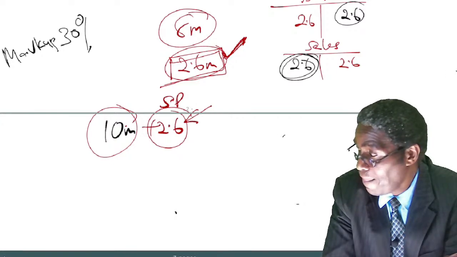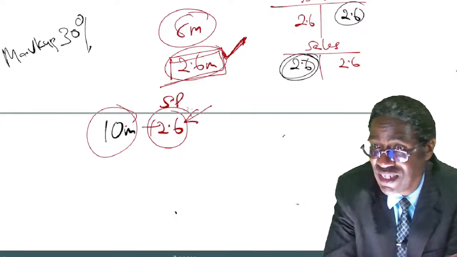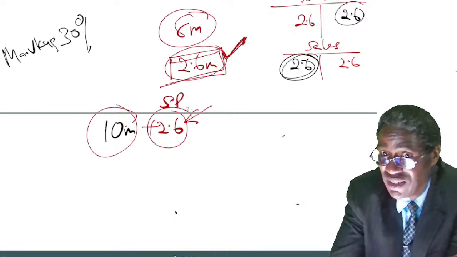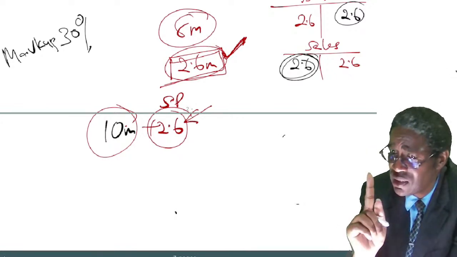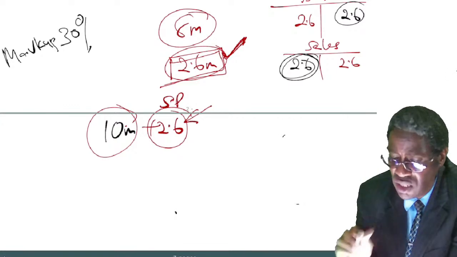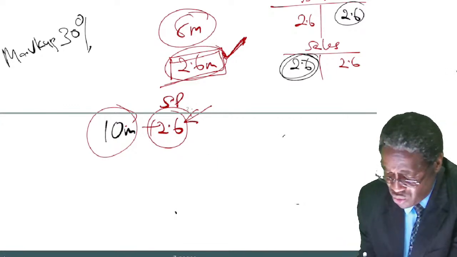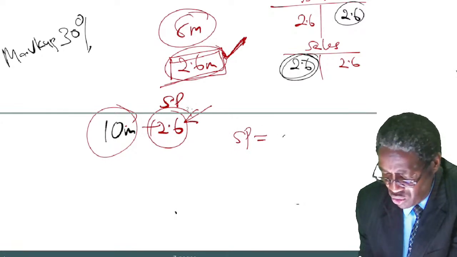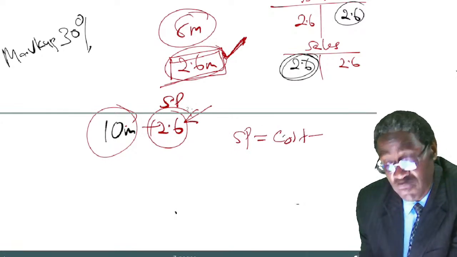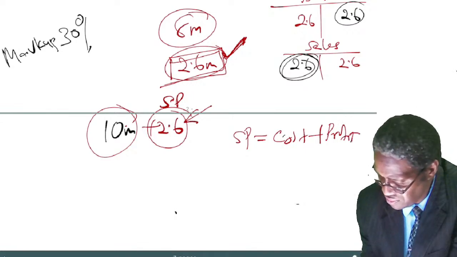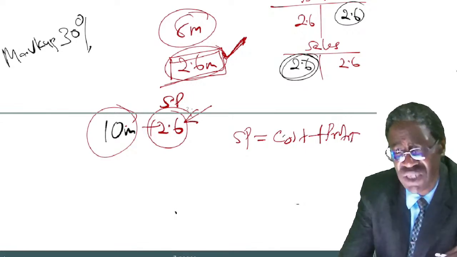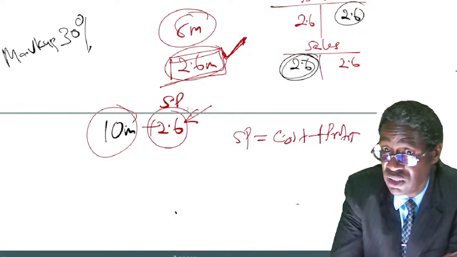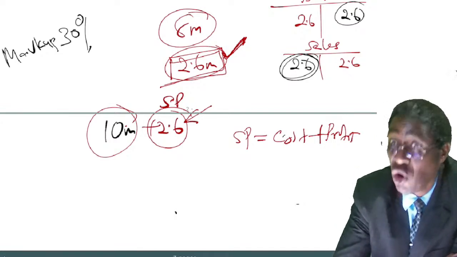Are you there? Now we are saying, how do you get the cost? Of course, you know selling price is equal to cost plus profit. You know that. To get the selling price of something, you normally take cost plus profit. Now I want to get the cost.